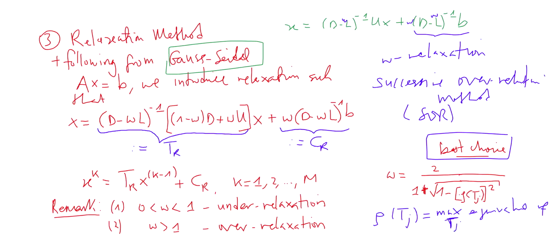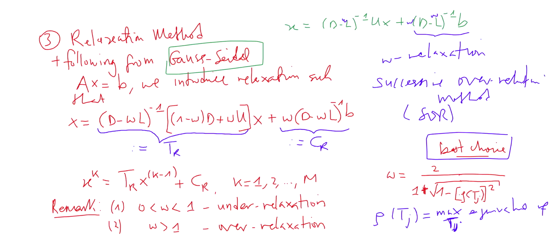When we do the Jacobi method, the TJ we have, you need its biggest eigenvalue. So that's a nice way of choosing this omega. If you use this technique to choose the relaxation parameter, then you know that your method will go faster, or you get a faster convergence.